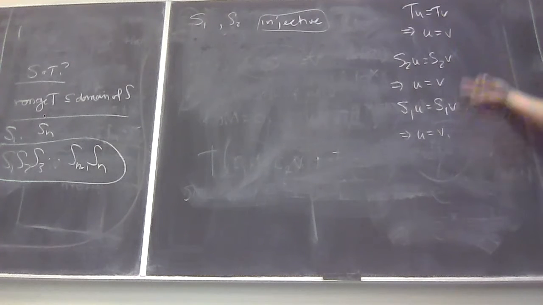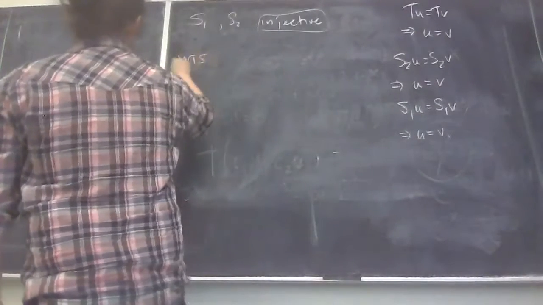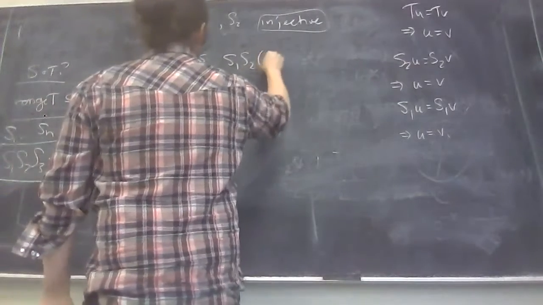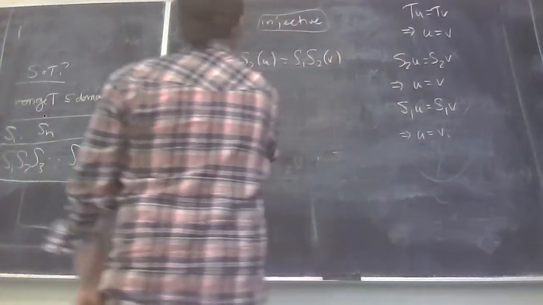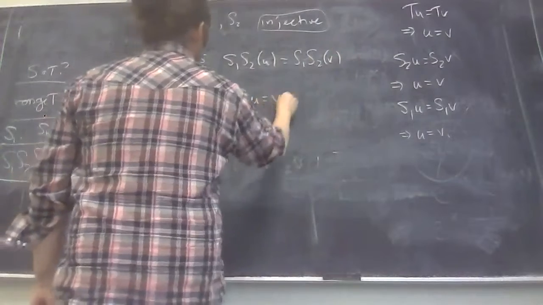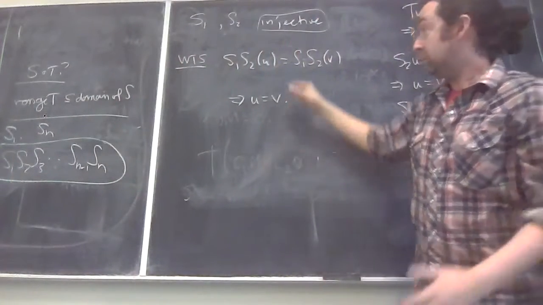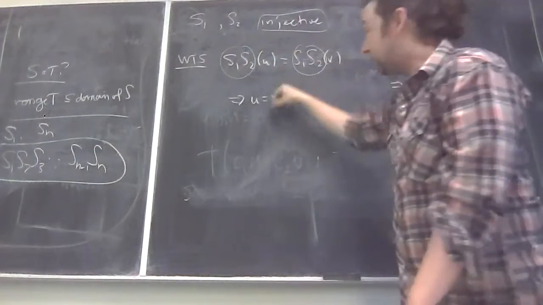So those maps being injective mean both of these conditions hold. So what we want to show is that S1 S2 of U is equal to S1 S2 of V implies that U is equal to V. That's what we want to show. I don't know this yet because I don't know anything about the map S1 S2, but this is what I'd like to show.